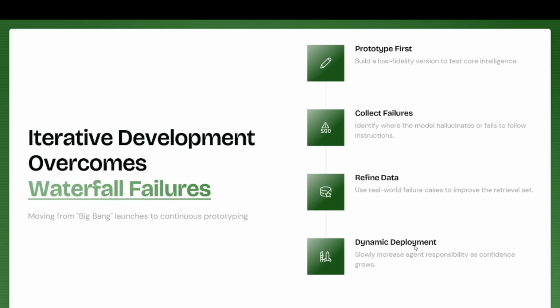And then we have dynamic deployment. This slowly increases agent responsibility as confidence grows. For example, you don't deploy 10 agents at once. No, you can deploy 3 and measure and collect failure feedback, and then you refine the data, and then you deploy again.